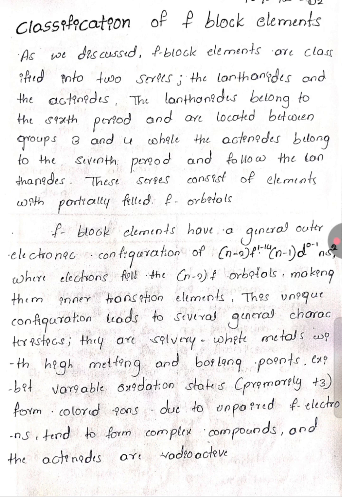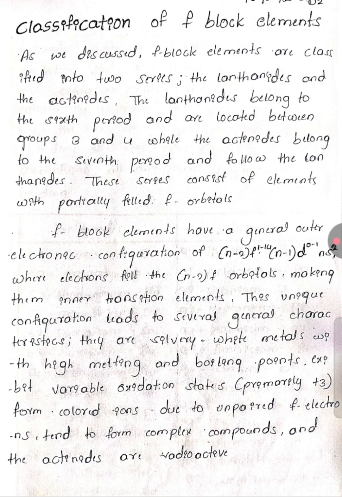These series consist of elements with partially filled f orbitals. F block elements have general outer electronic configuration of (n-2)f1 to 14 (n-1)d0 to 1 ns2, where electrons fill the (n-2) f orbitals, making them inner transition elements.